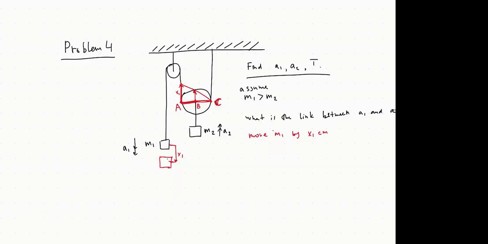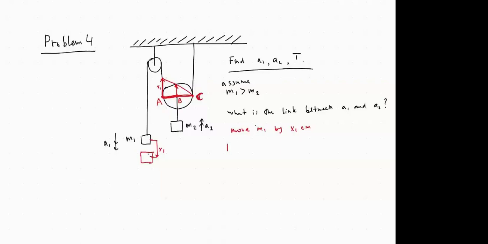Point A moves by x1. Point C is of course not stationary, but for a small disturbance, if x is small enough, we can say that C is stationary.